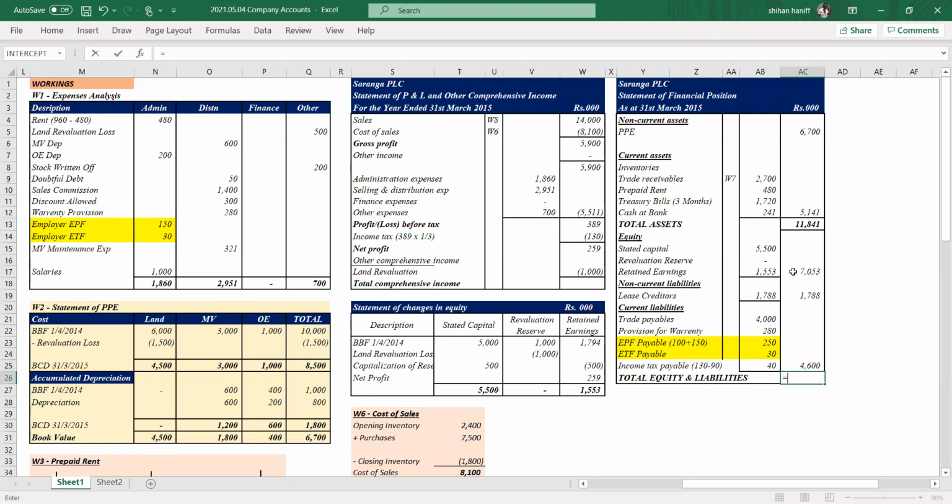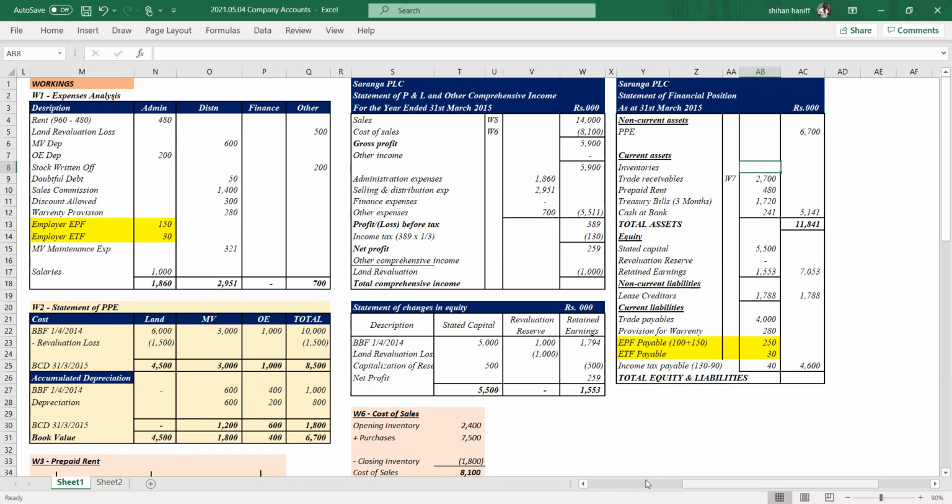And we do the lease adjustment on Friday. Right. Inventories, closing inventory.